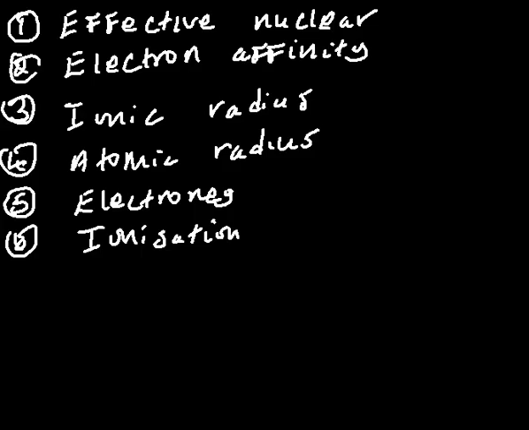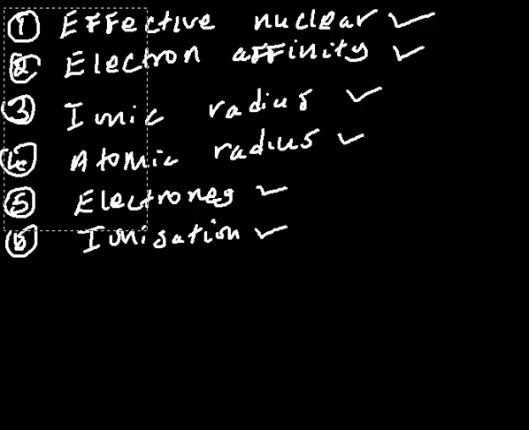These are the physical trends that you should understand on the periodic table: the effective nuclear charge, electron affinity, ionic radius, atomic radius, electronegativity, as well as the ionization energy. So let's start with the effective nuclear charge.